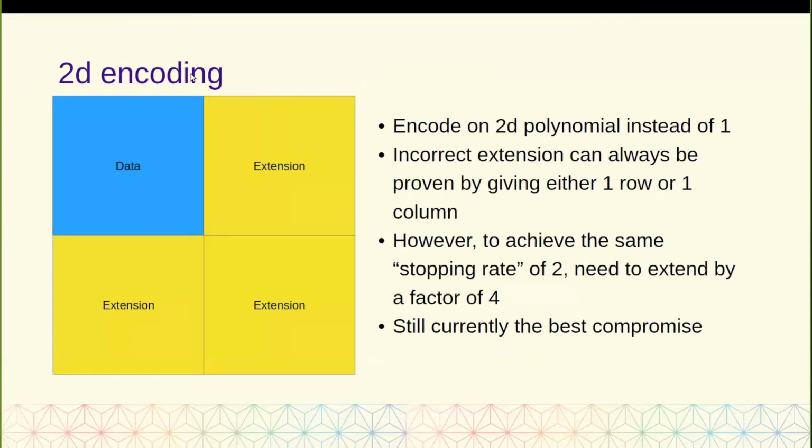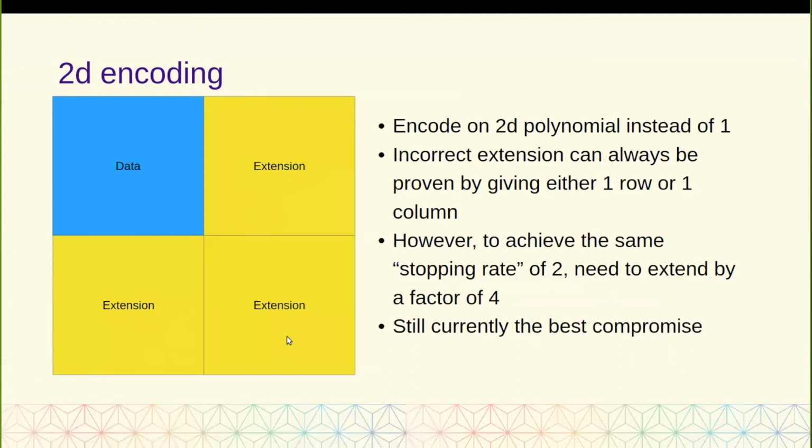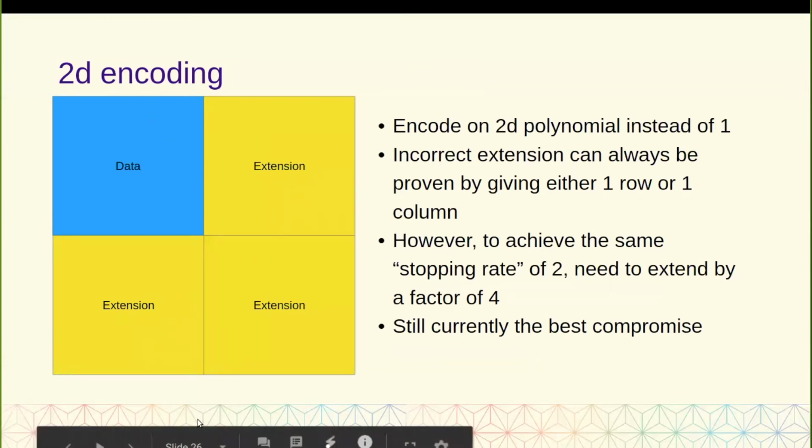Instead of using a 1D polynomial, you use a 2D polynomial. So you have the data in one corner here, and you extend it in 2 directions. The nice thing is that to prove that something is not a 2D polynomial, giving either one row or one column of data blocks is always sufficient. So you get relatively short fraud proofs, so it's easy to prove if someone gave an incorrect encoding.